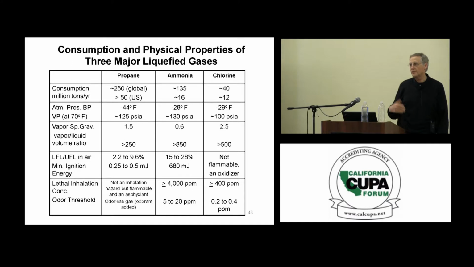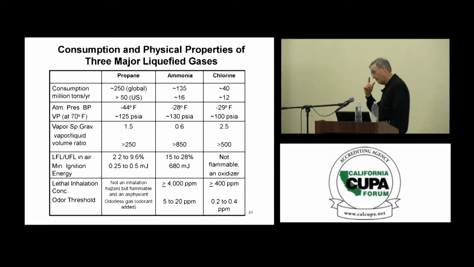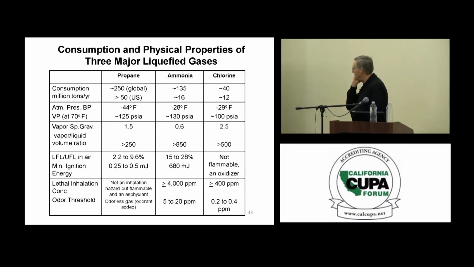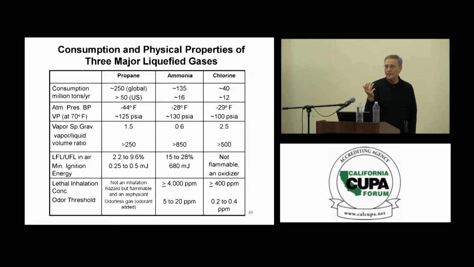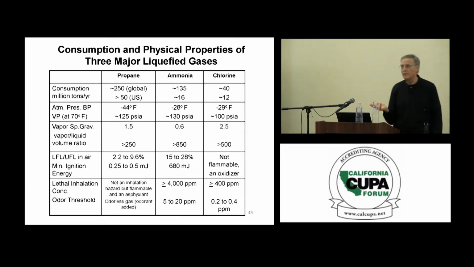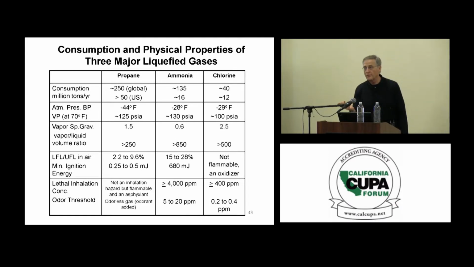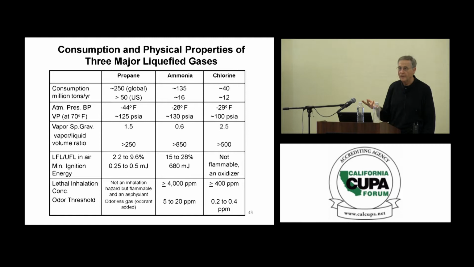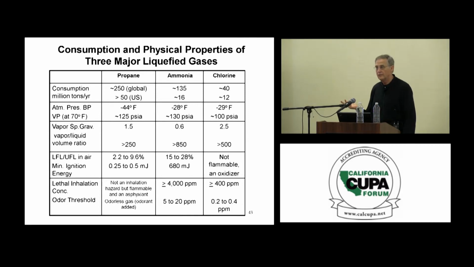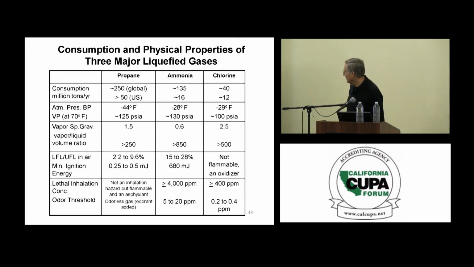They're typically in vessels rated at 250 to 300 pounds gauge pressure. Methane is much different, and that's why it's very difficult and very expensive to liquefy methane. It's fairly difficult to liquefy ethane and ethylene. Propane's much easier, butane's even easier. Ammonia and chlorine are also relatively easy.